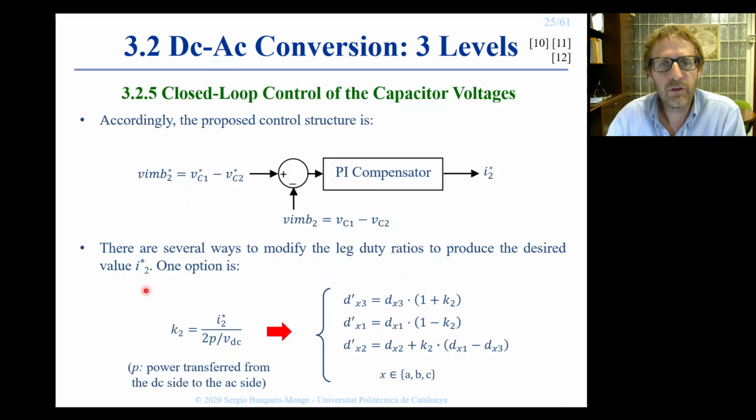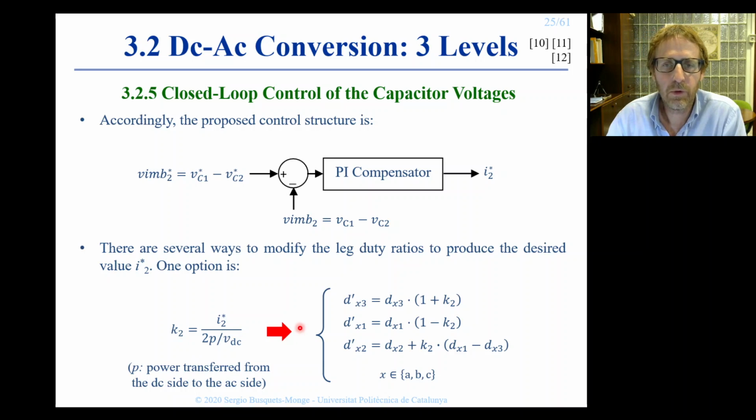Afterwards, to reach this value of the neutral point current, we can proceed several ways. One way is to get a normalized value of the neutral point current by dividing by 2P divided by VDC, where P is the power flowing from the DC to the AC side. This normalized value, we call it here k2.